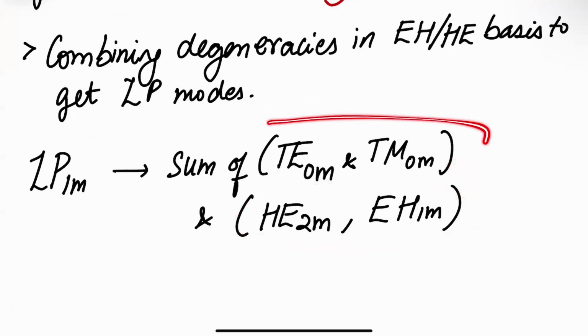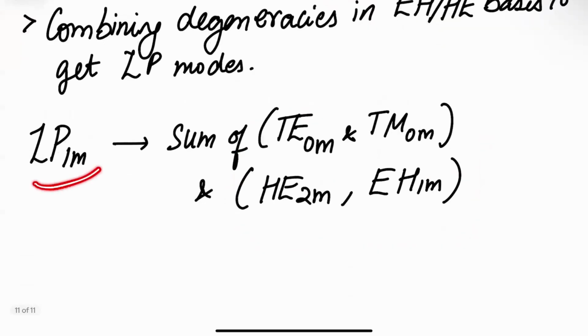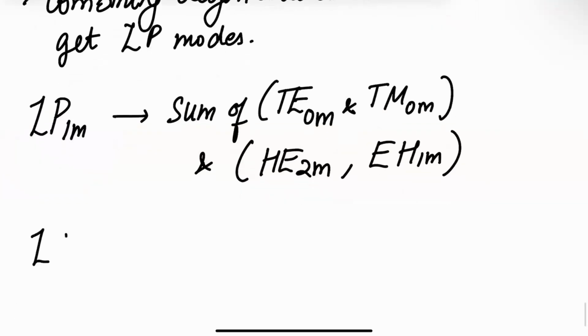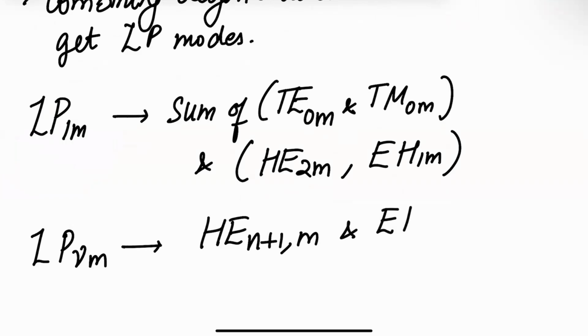All of these modes have basically the same propagation constant, and that's why we lump them all into one LP. Similarly, we have LP nu M is HE n plus 1M and EH n minus 1M.